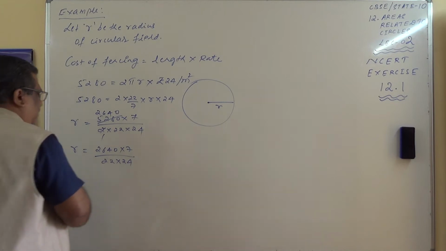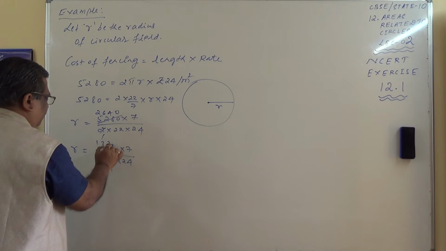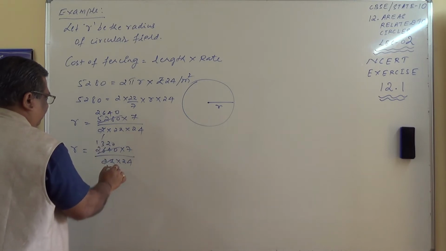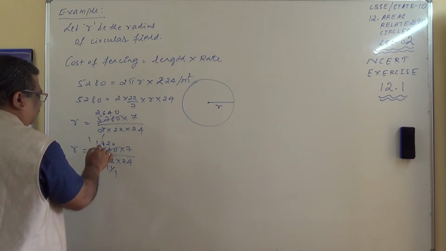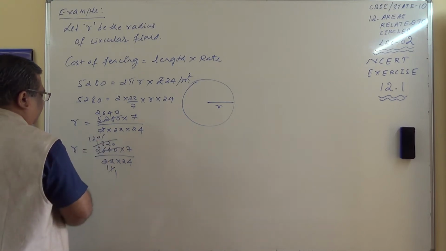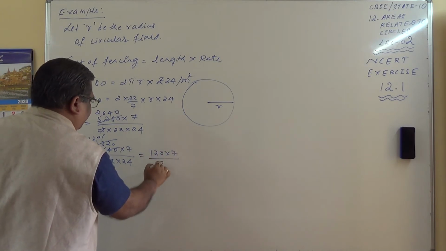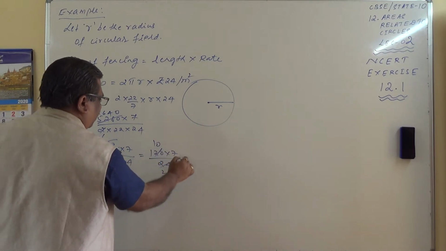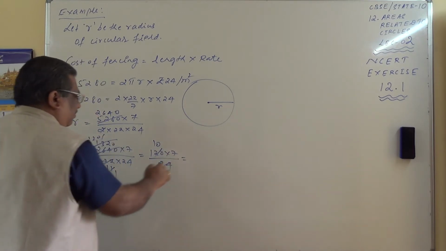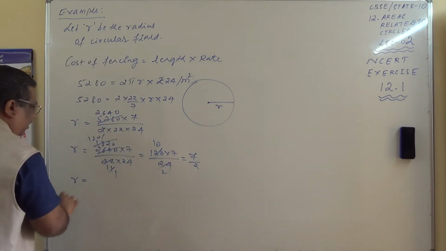Dividing by 22 gives 120 into 7 divided by 24, and 120 divided by 24 gives 5, so 5 into 7.